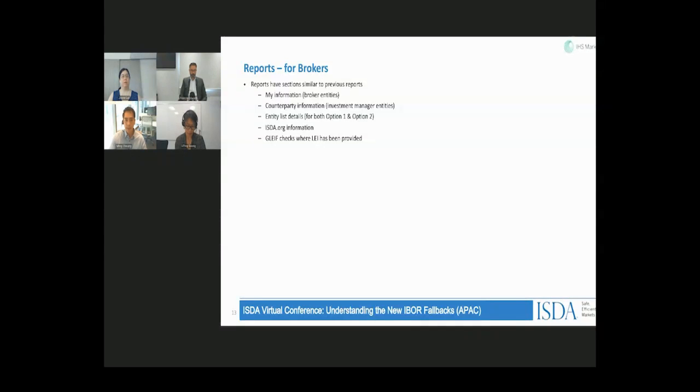We've also added some really easy workflow tools within there that both the connection into ISDA.org that you can pull in the adherence information based on the adherence ID. We're also connected to the Glyph database that allows the validation and the checks on the LEIs of the names that you get as well. So makes it everything centralized in a single report as opposed to having to look through client by client information there.